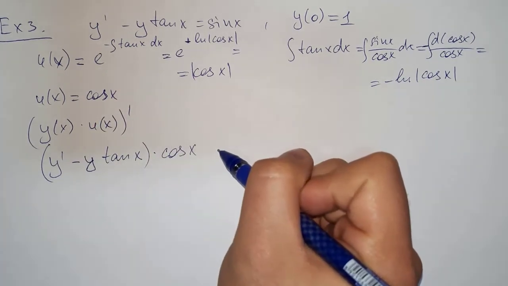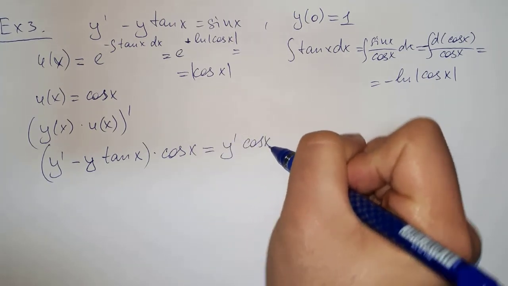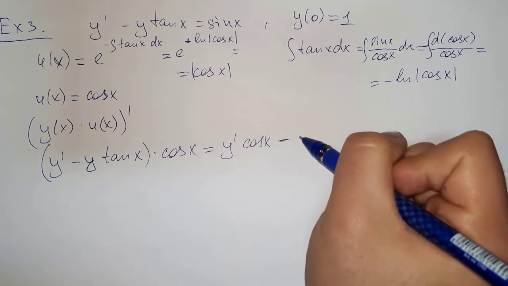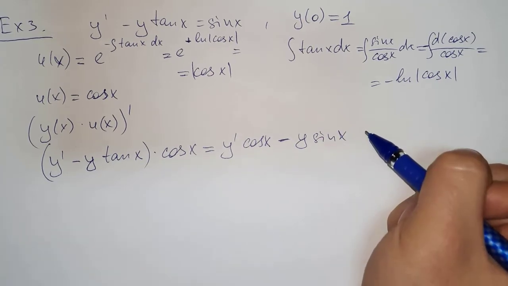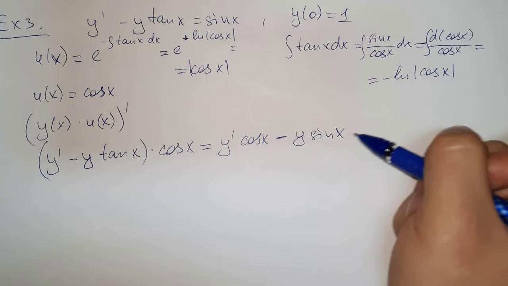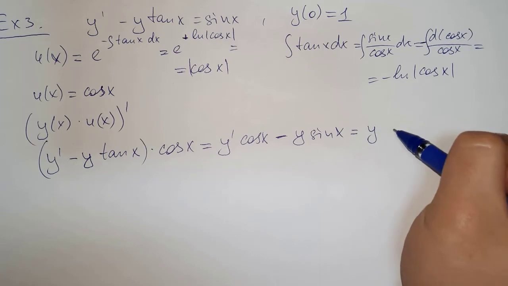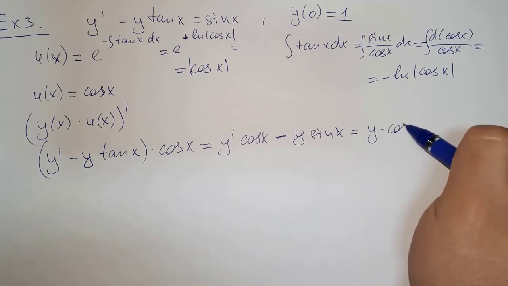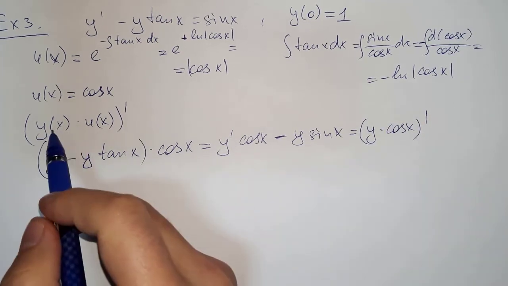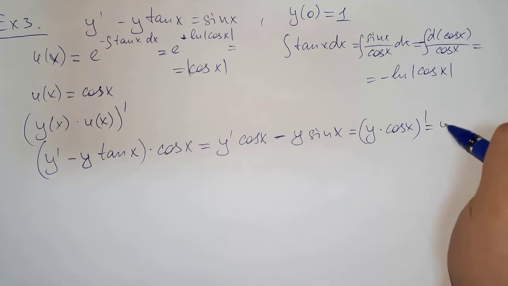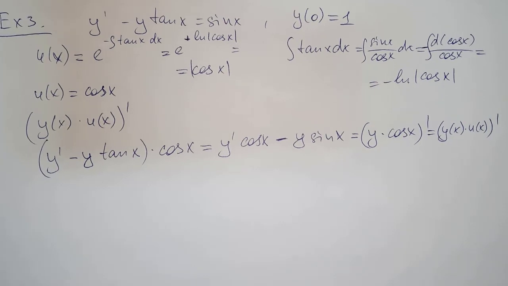If we open it, it will be y prime cosine x minus y sine x. They cancel because tangent is sine x over cosine x. And now this is the derivative of y times cosine x. So this is correct. It is y of x times u of x prime.